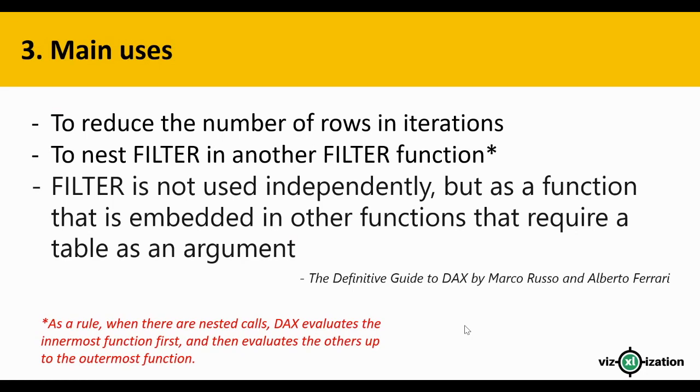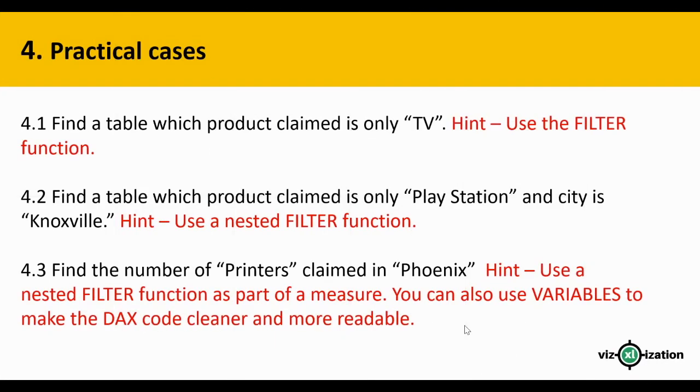Now let's go to the next point, practical cases. All right, I know you guys have been waiting for this part, so let's do it. The first question is to find a table which product claim is only TV, and we have a hint: use the FILTER function. The second question is to find a table which product claim is only PlayStation and city is Knoxville.